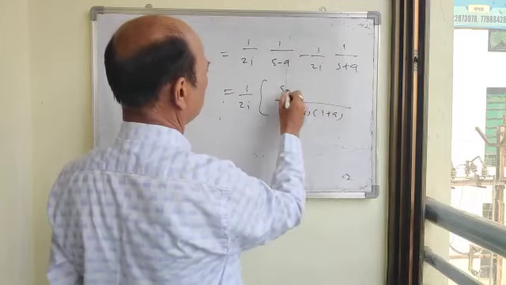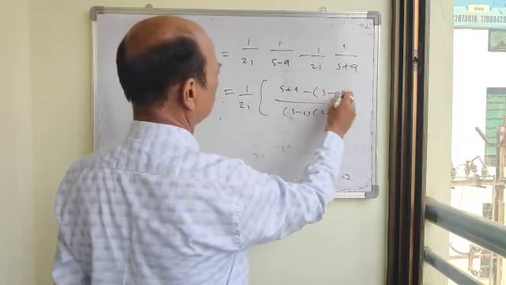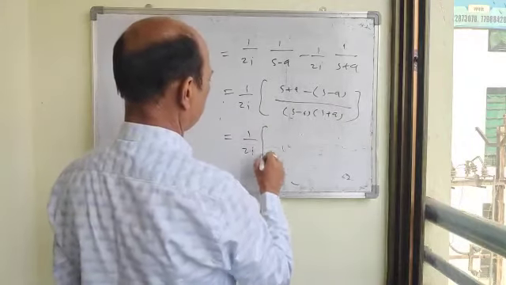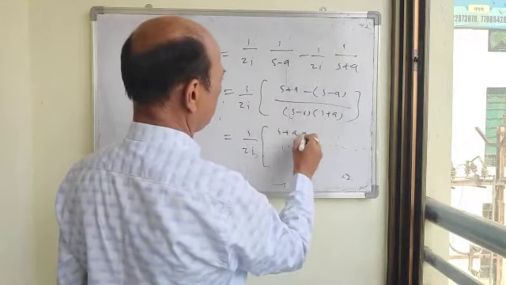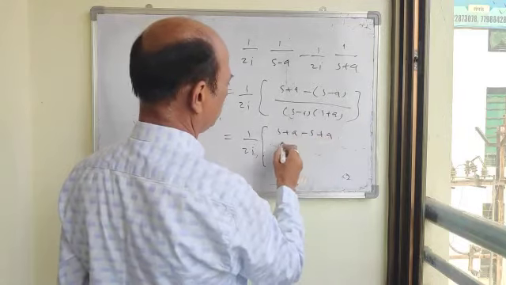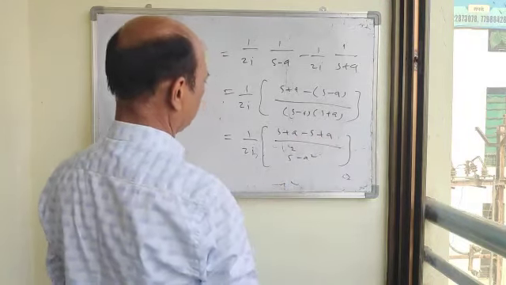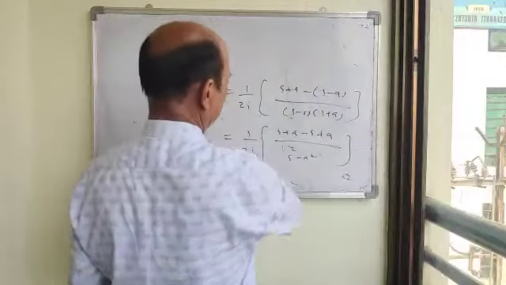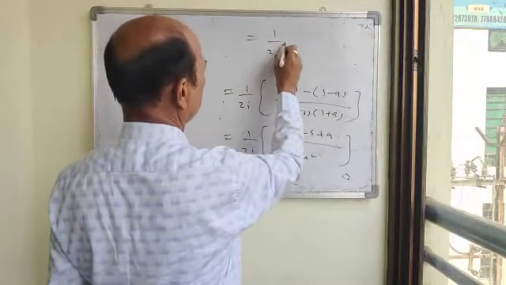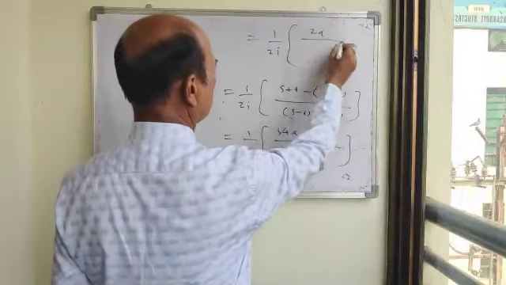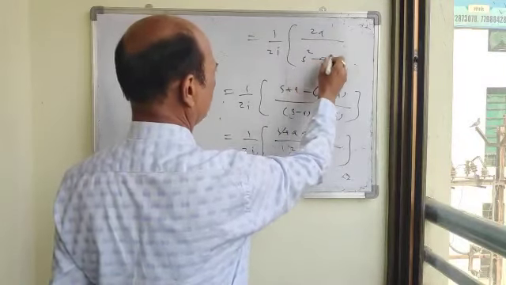So here s plus a minus s minus a, that is equal to 1 upon 2i times s plus a minus s minus a upon s square minus a square. In the next step, that will be 1 upon 2i, and here this cancels, that is 2a upon s square minus a square.